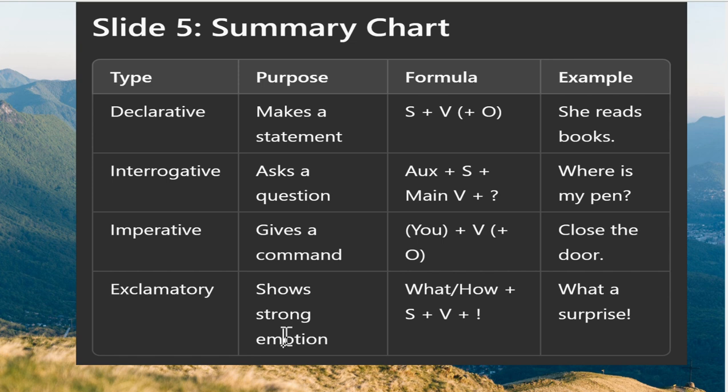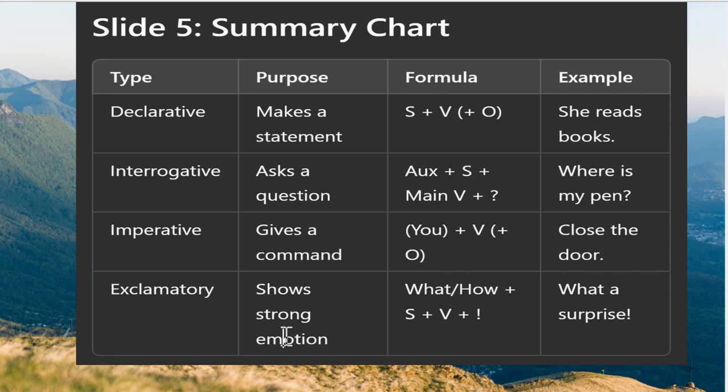For your help, we made a chart summary so you can understand easily. Directive sentence: the purpose is to make a statement, a simple sentence, the formula subject plus verb plus object. Example: she reads books. Interrogative sentence asks a question: auxiliary verb plus subject plus main verb with a question mark.